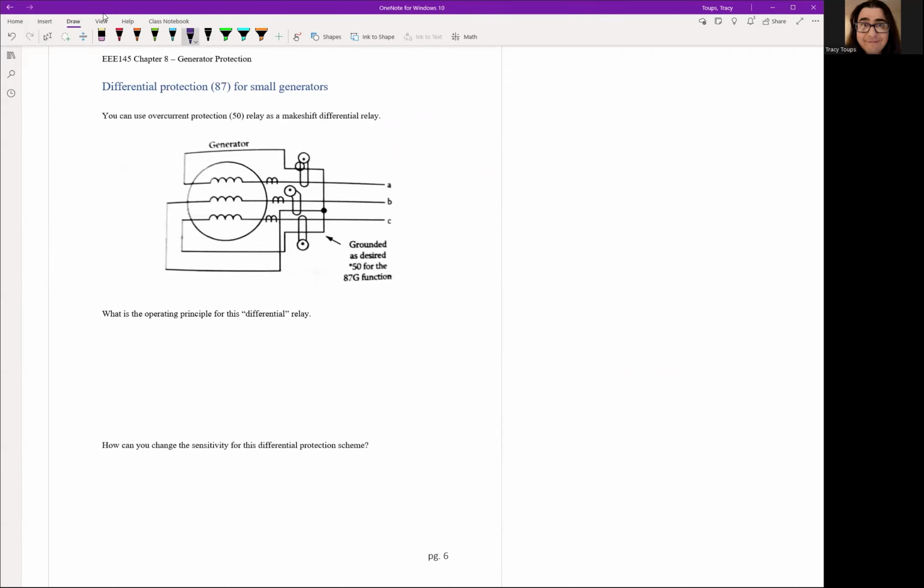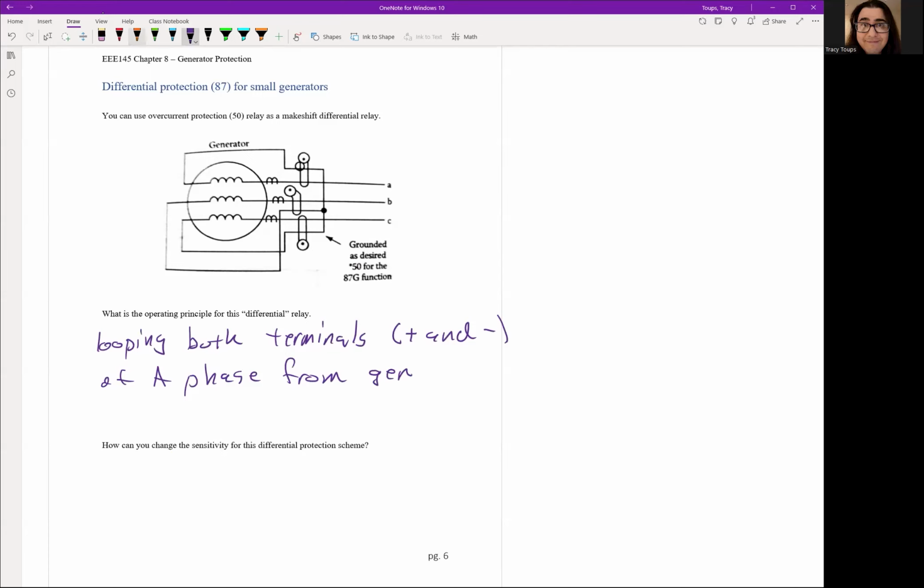So we could make a quote unquote differential by looping both terminals, basically the positive and negative terminals of a phase from the generator. Okay.